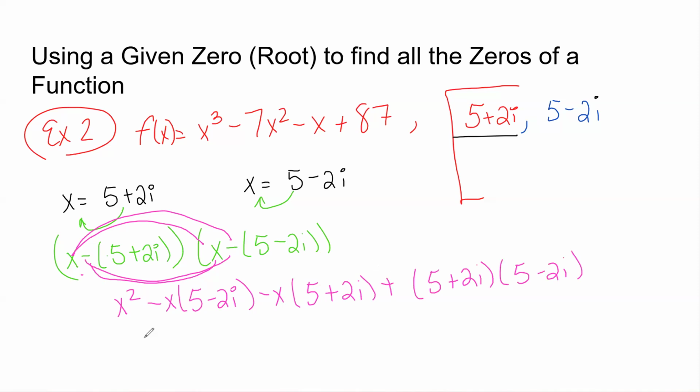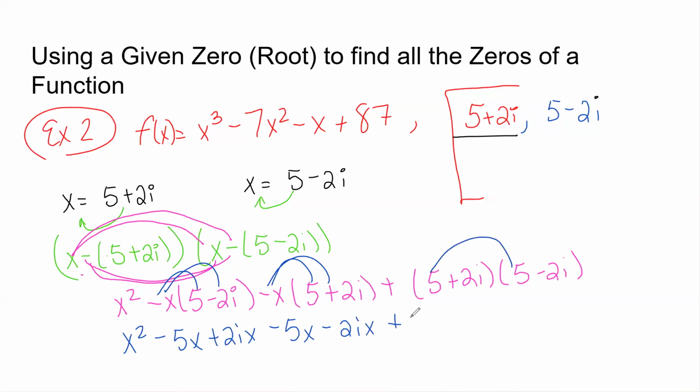Distribute and FOIL again. So x squared minus 5x plus 2ix minus 5x minus 2ix, then 25 minus 10i plus 10i minus 4i squared.